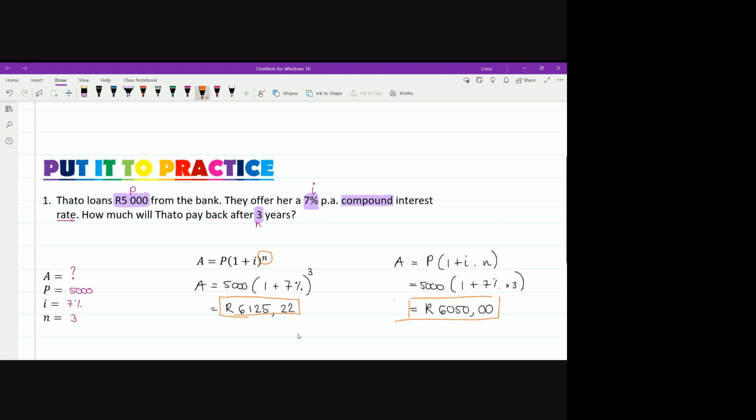All right. And even if they offer you a lower interest rate on compound interest, trust me, guys, it catches up to simple interest so fast. So even if, let's say, for instance, you go to a bank and you say, I want to invest 5,000 Rand.